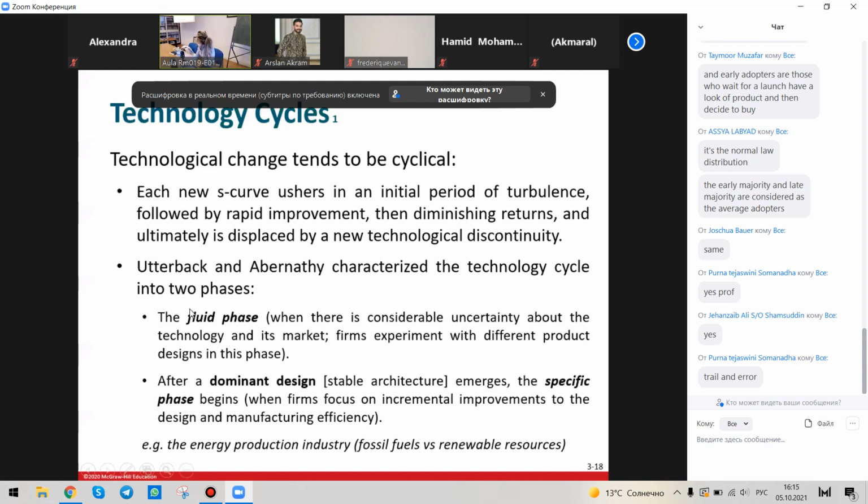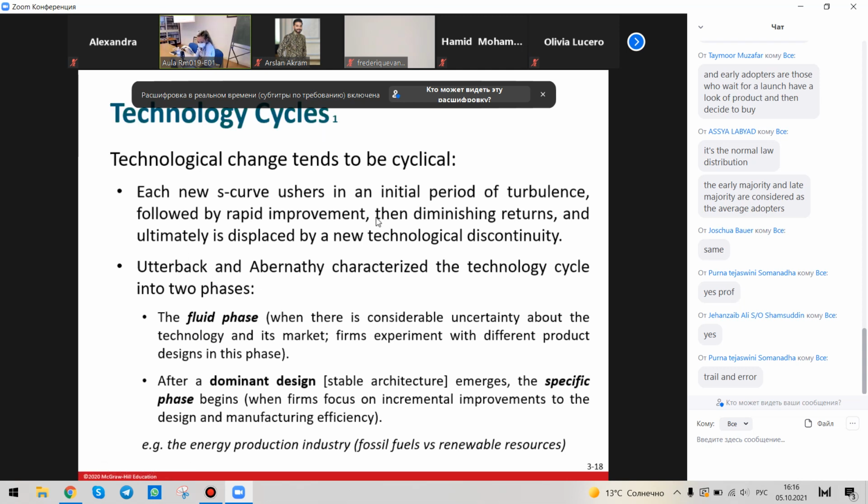And we have the fluid phase, the search for a dominant standard, for example in all the companies that deal with renewable sources, or some of them. So in the same industry, we might have different phases according to the technology. Okay, so companies operate in different phases.